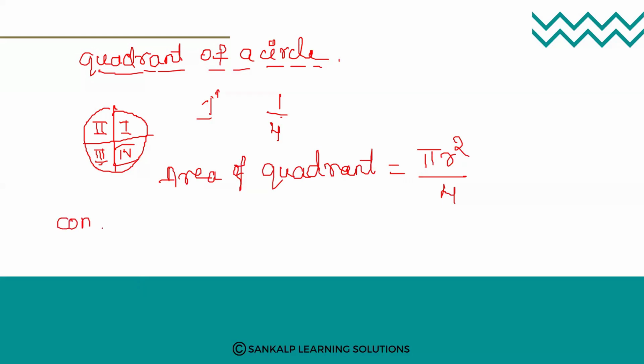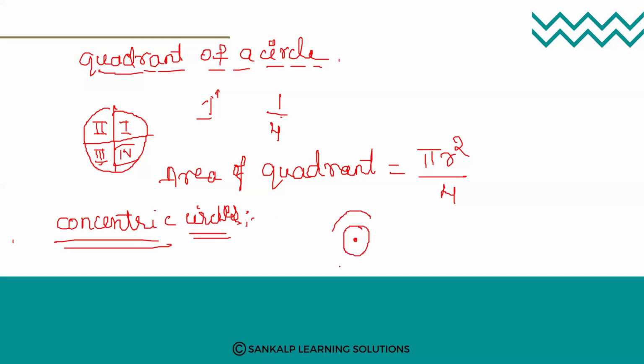Next, have you heard about the concentric circles? What do you mean by concentric circles? The circles which are having the same center point and different radius. See, this is a central point. This is one circle and this is second circle and this is third circle.